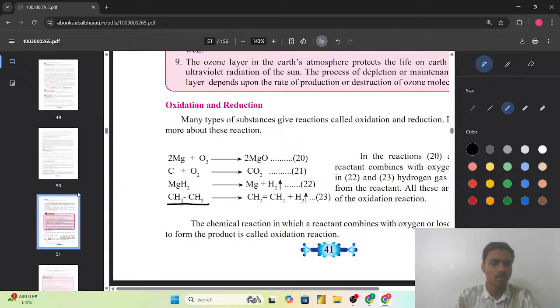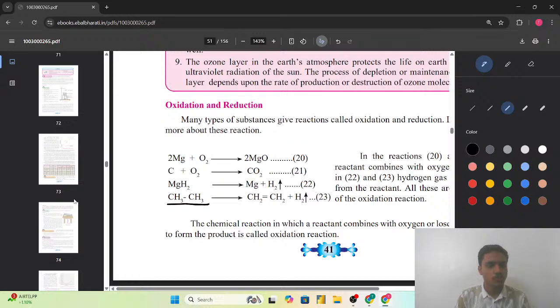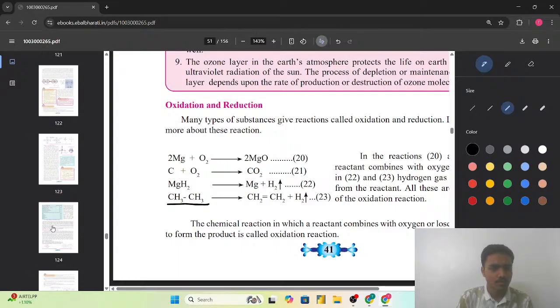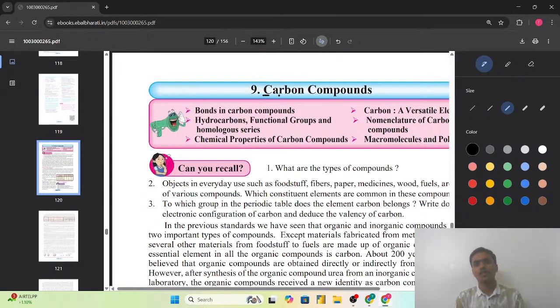We have one chapter named, that I will show you here, that is one of the major chapters, the carbon compounds.